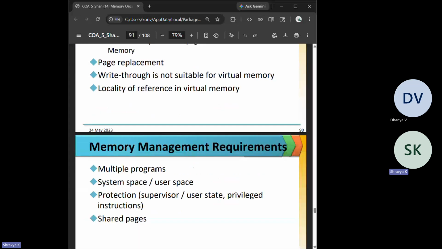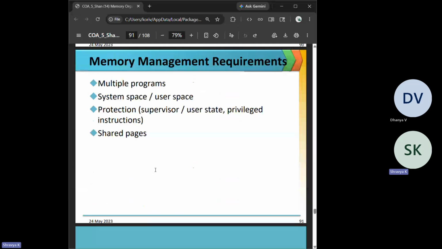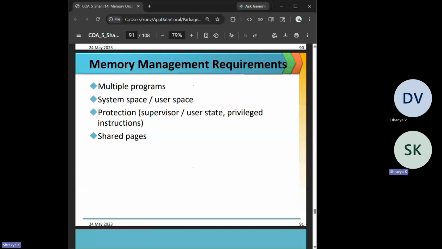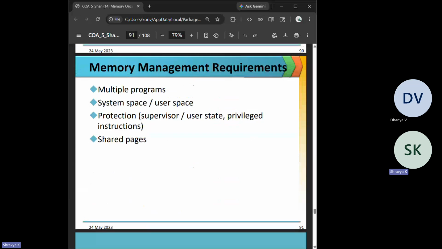And of course, we will be using the same locality of reference principles to design our algorithms in virtual memory as well. So for memory management, some basic things that we require are that we need multi-programming. If multi-programming is not allowed, it will become difficult for us to manage our memory. And we need a separation between system space and user space.